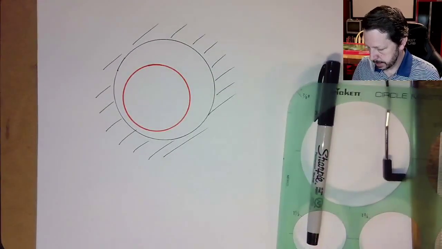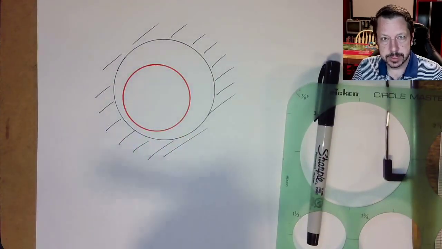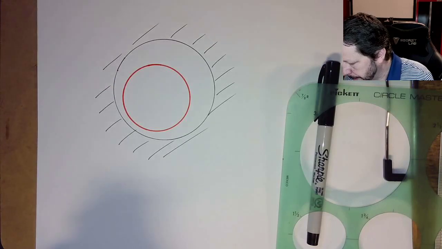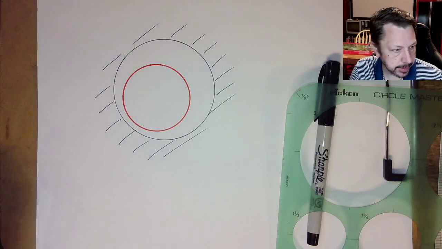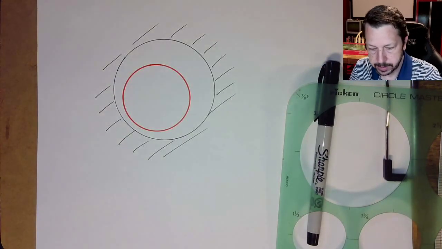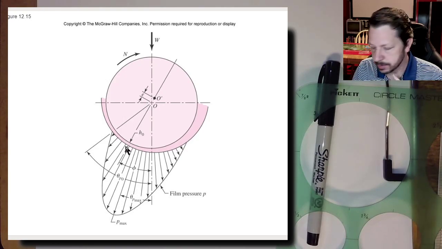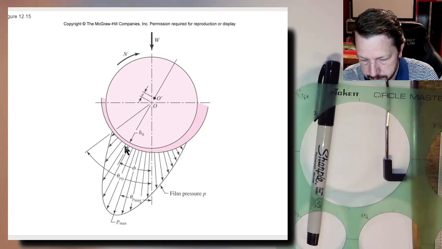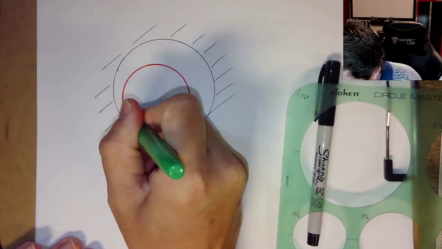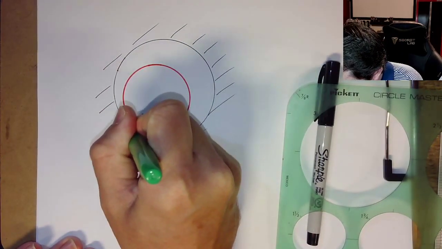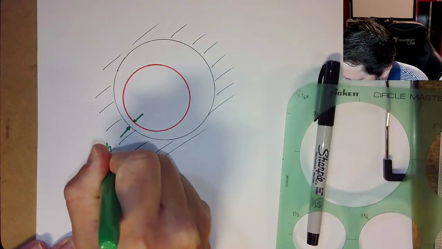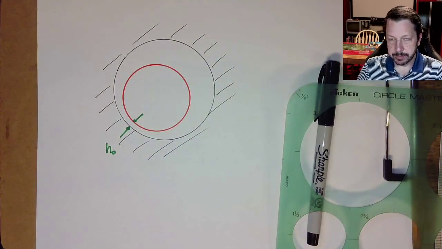In fact, your book has a diagram similar to this in it. In fact, let's see if I can find that. Here it is. Well, part of this. Now they've got a couple of other things, so you can kind of see there's a h0 for us. That would be kind of right here. That's your minimum film thickness.